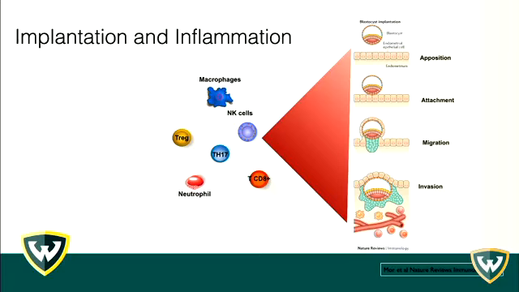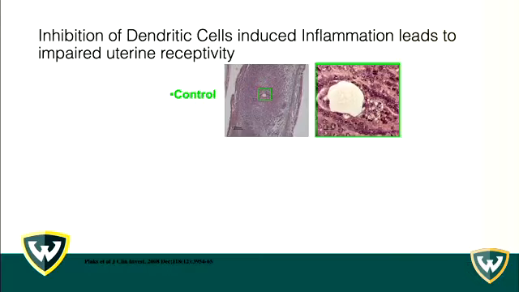The inflammation happening within the tissue allows the formation of new blood vessels, helps the trophoblast to continue invading within the uterus, and will send signals to that blastocyst to start growing and the cells to proliferate.